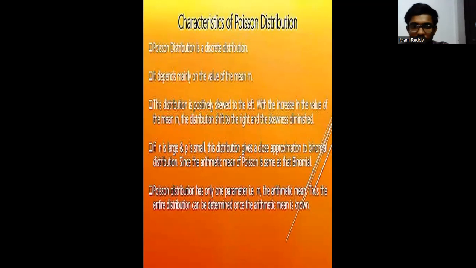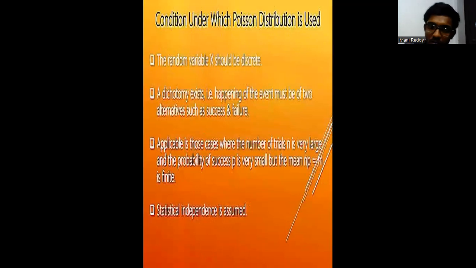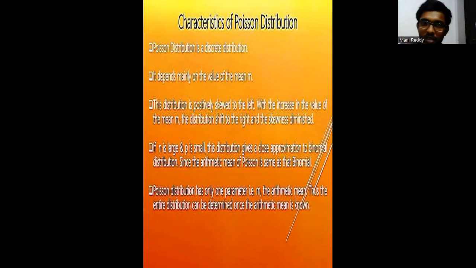Characteristics of the Poisson distribution. The Poisson distribution is a discrete distribution. In the previous slide also, the condition was that the random variable x should be discrete. It depends mainly on the value of mean m only.